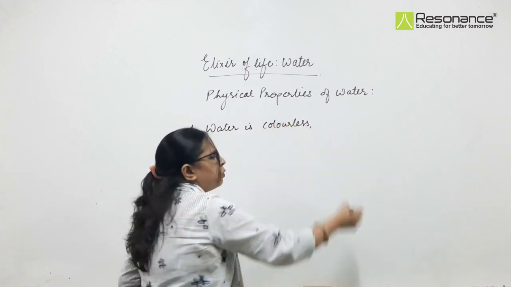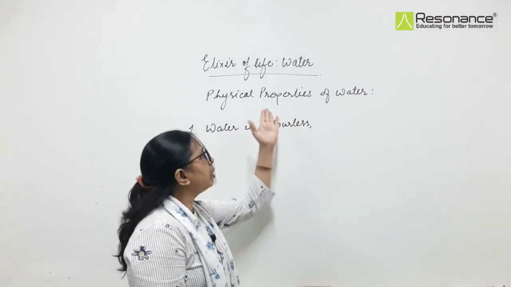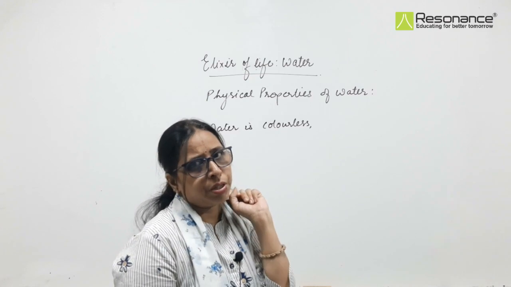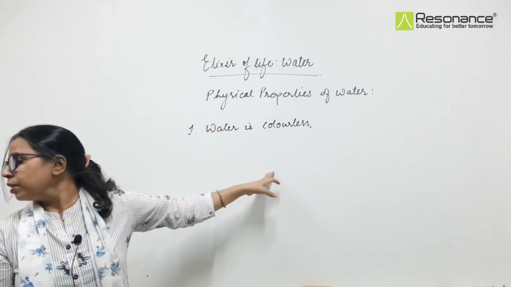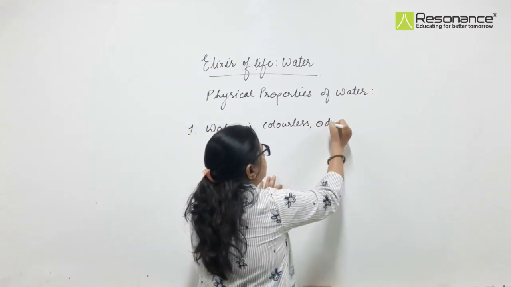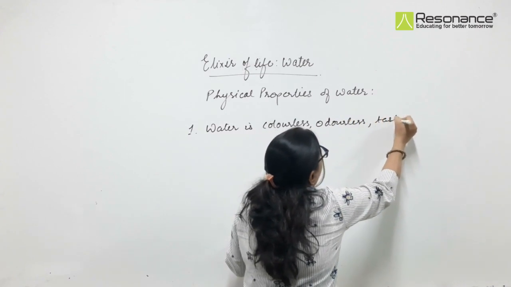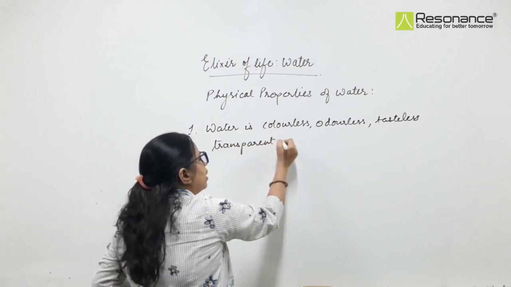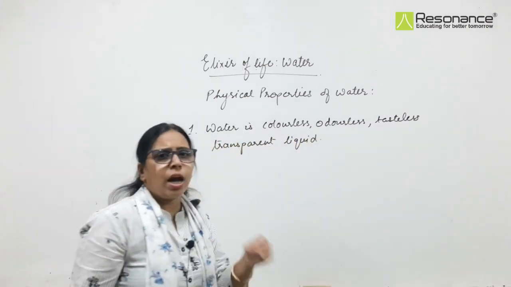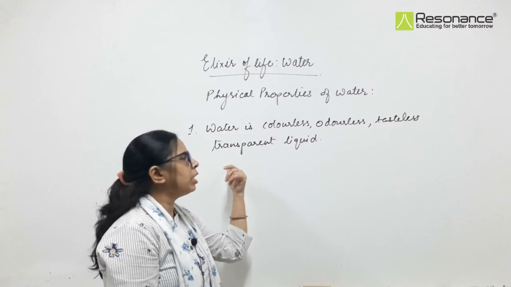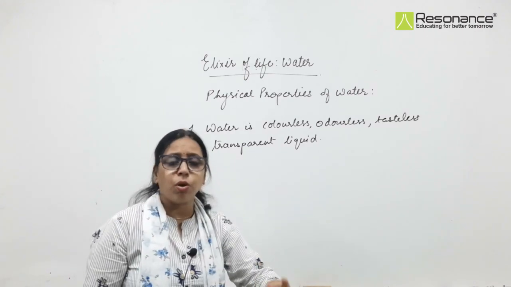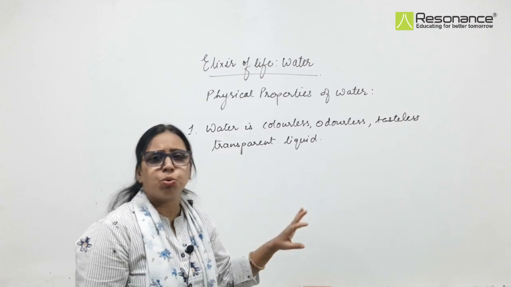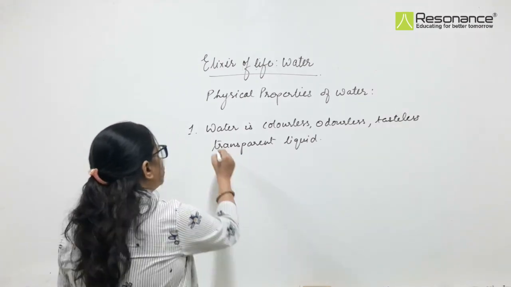Now listen children, one thing very carefully: whenever we are discussing properties, we are discussing properties of a pure substance. So water is a colorless, odorless and tasteless, transparent liquid. Pure water has no color, no smell, no taste, and it is transparent in nature. That means if pure water is kept in a tumbler, light can easily pass through it.